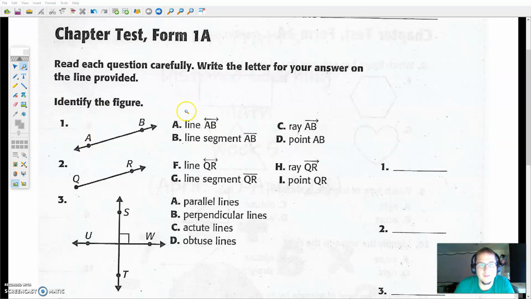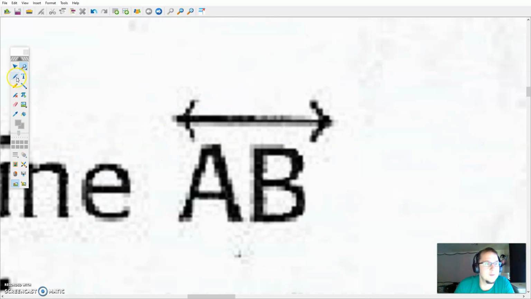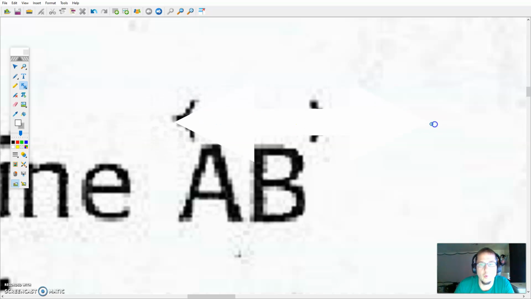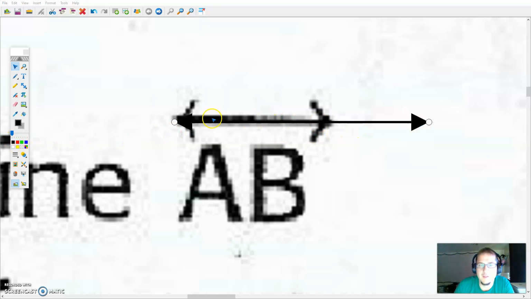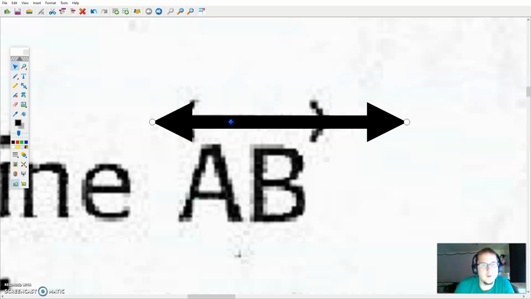If you notice here, over top of this line AB, you notice there's a line with two arrows on it. That's what tells us that this is referring to a full line, so never ending in both directions.